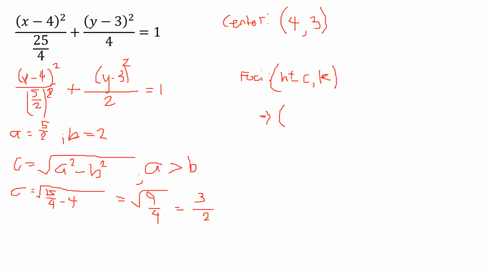So our h is 4, so 4 plus 3 halves is 11 halves, and then you copy k, which is 3. And the other point for the foci is 4 minus 3 halves, that is 5 halves, 3. So these are the points of your foci.